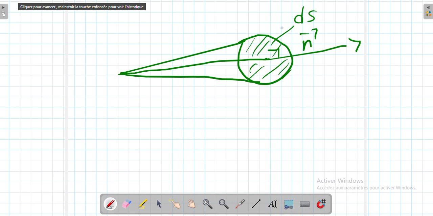Then ds as a vector will be ds multiplied by the unit vector that is perpendicular to the surface. Then this unit vector is also connected to this line, which is all the way from the point O in the middle. This is the first thing that you do.